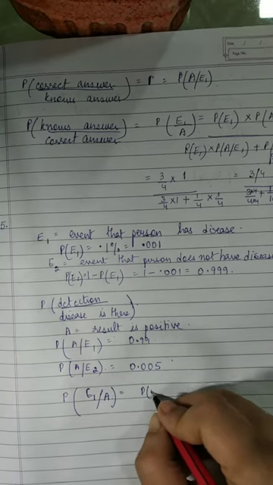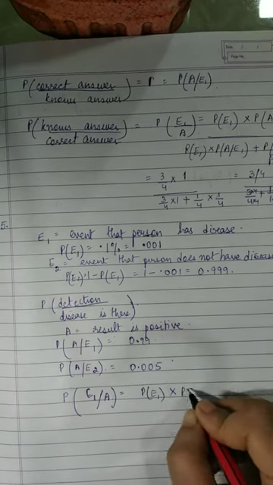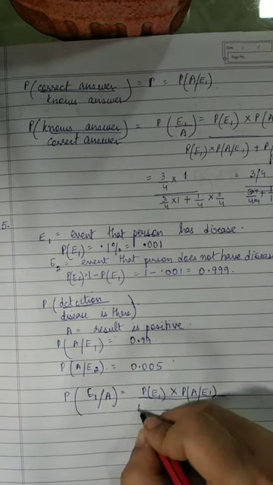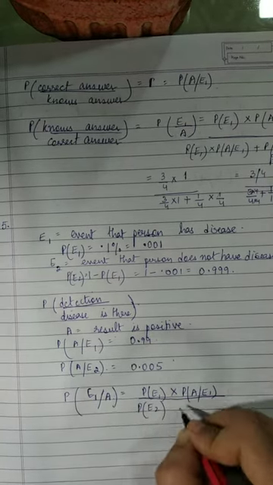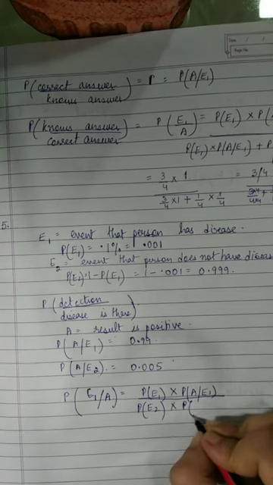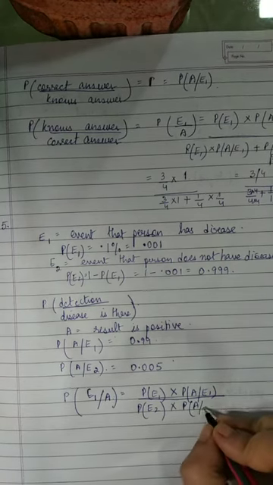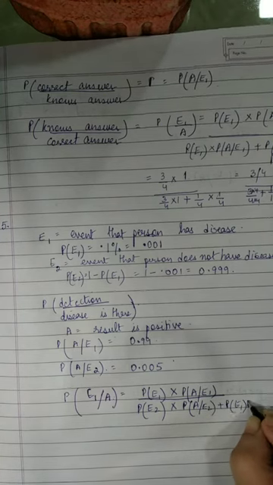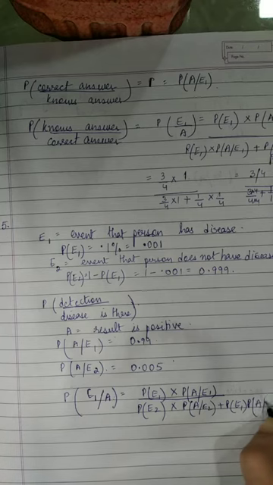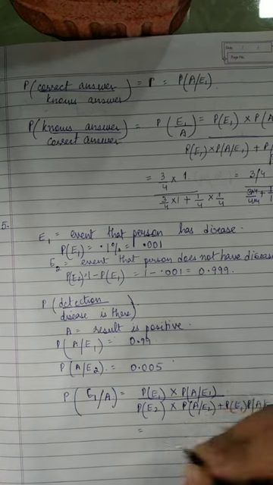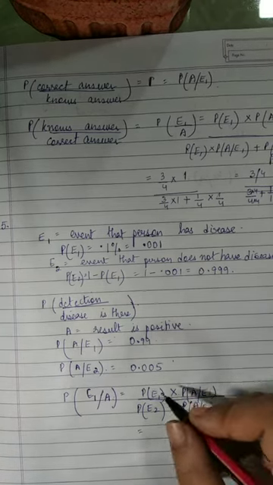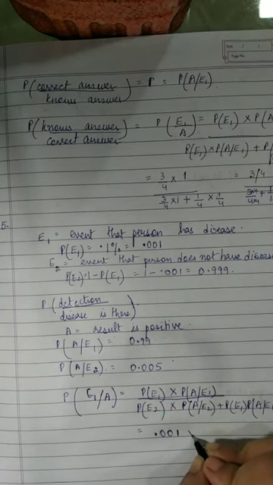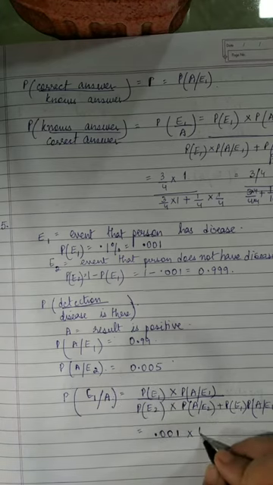So this will be P(E1)·P(A|E1) upon P(E2)·P(A|E2) plus P(E1)·P(A|E1), right? Putting the values here, so what do we get? We get P(E1) is 0.001 into P(A|E1), that is 0.99.